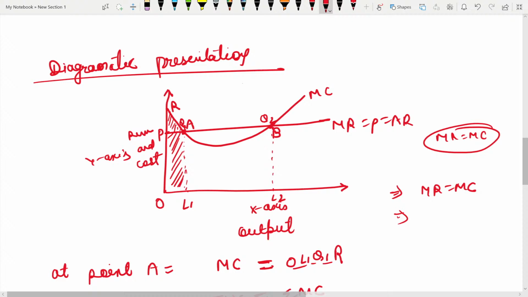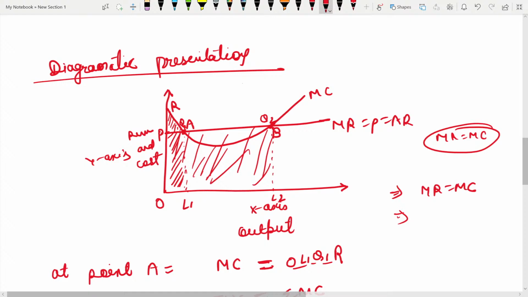So TR becomes OL2 Q2 P. So this is the total revenue, and TVC is OL2 Q2 R.